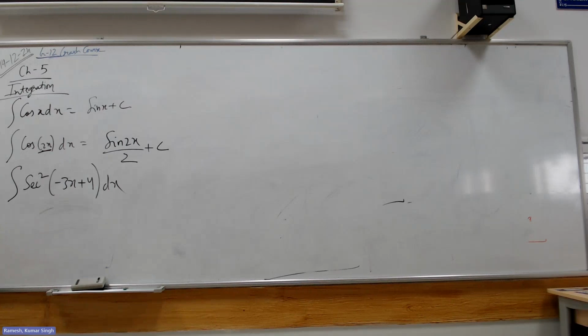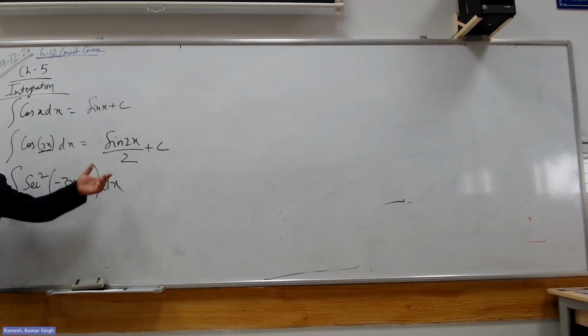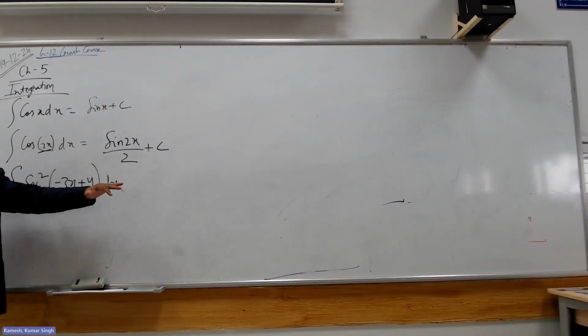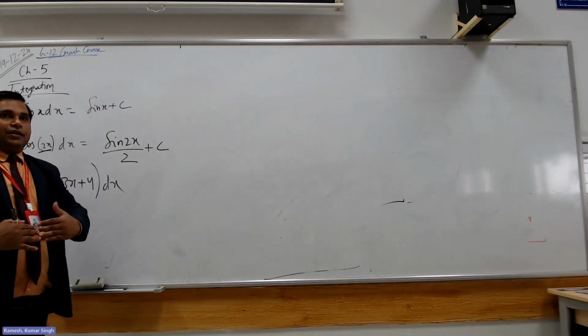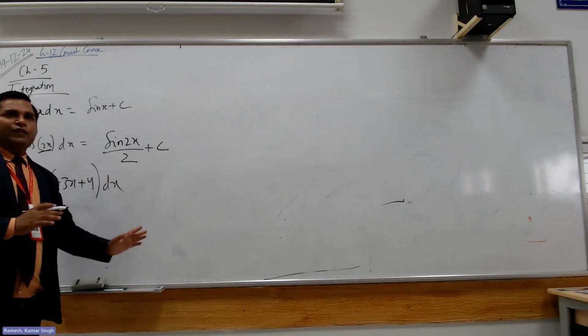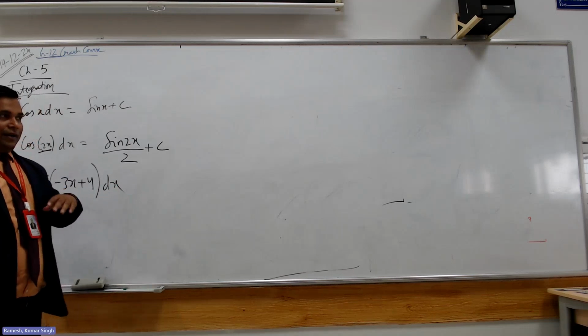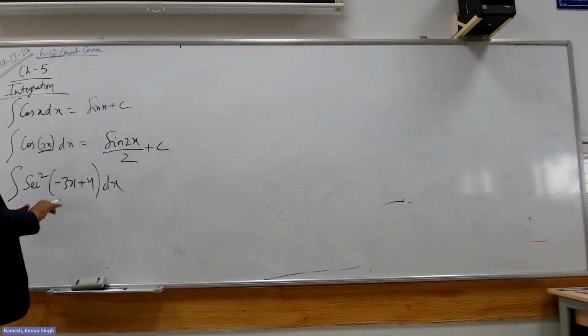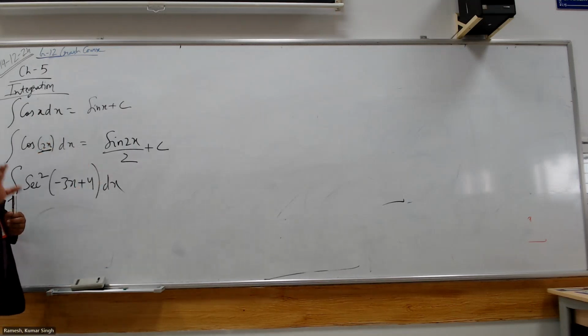As I have explained, whenever we do differentiation, that goes in multiplication using the chain rule. This is the reverse chain rule, the opposite of the chain rule. In differentiation it was going in multiplication; in integration, it will go in division. Simple. We can prove this, but we will not do the proof right now. Just remember: whatever the coefficient of x, that will come in the denominator. The opposite of multiplication is division.